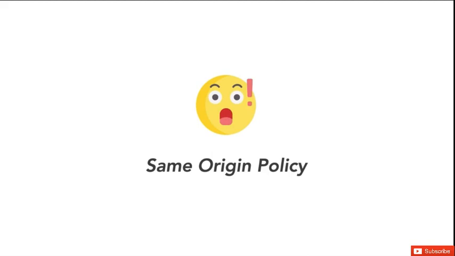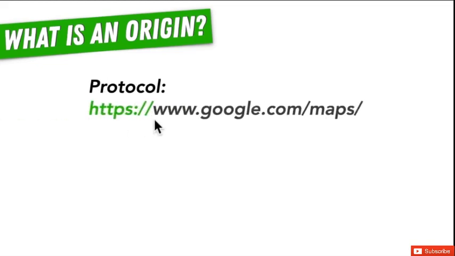Let's start with what an origin is. When we browse the web and we go to a site like Google Maps, what we type in the browser is something like HTTPS for a secure connection, www.google.com/maps.